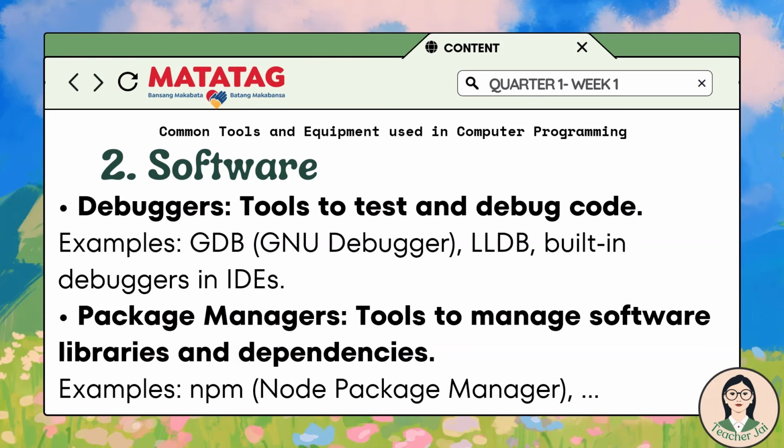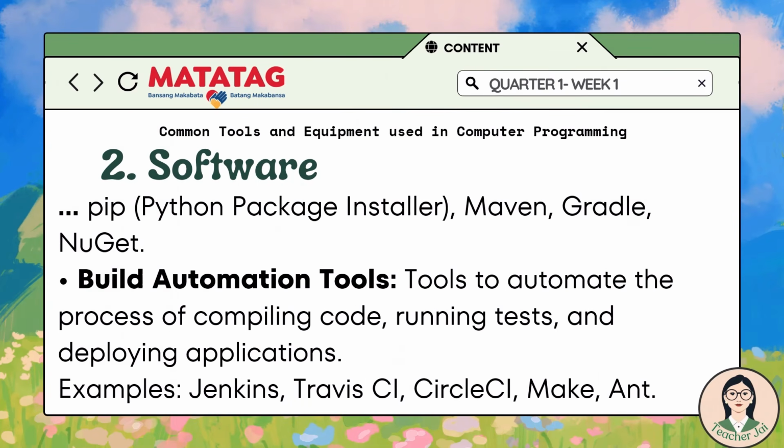Package managers, tools to manage software libraries and dependencies. Examples: NPM, Node Package Manager, pip, Python Package Installer, Maven, Gradle, NuGet. Build automation tools, tools to automate the process of compiling code, running tests, and deploying applications. Examples: Jenkins, Travis CI, Circle CI, Make, Ant.